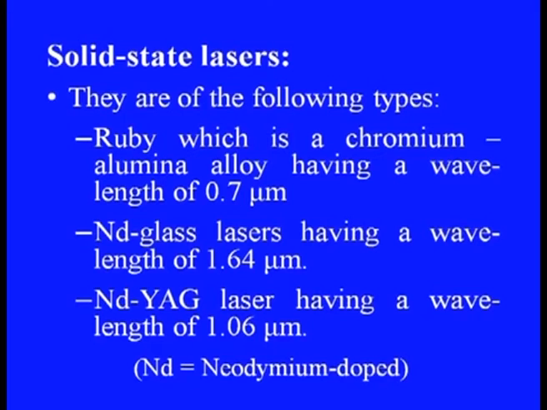Another very popular form of solid state laser is the Nd:YAG laser, also called the neodymium yttrium aluminum garnet laser. These lasers have a wavelength of 1.06 micrometer. This Nd:YAG laser is another very popular laser in industrial applications.